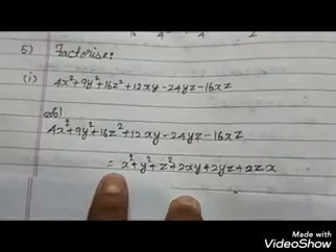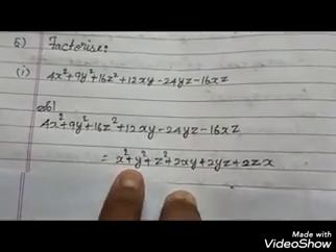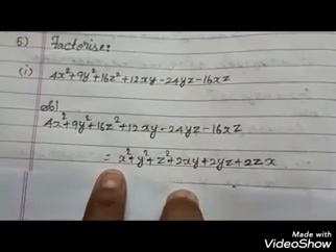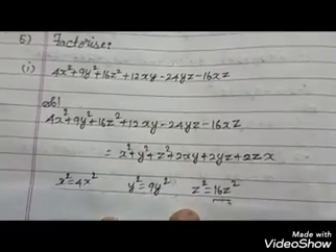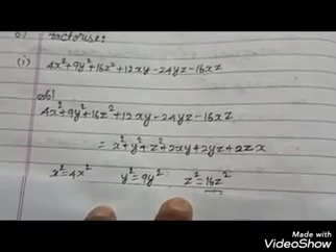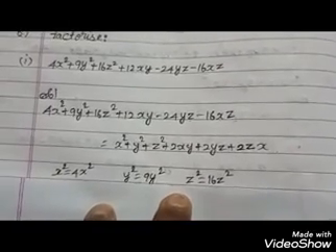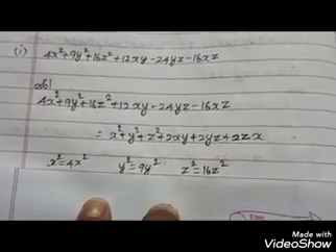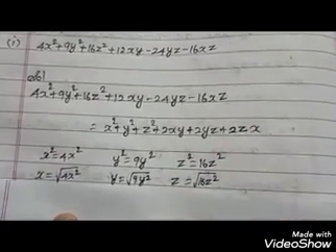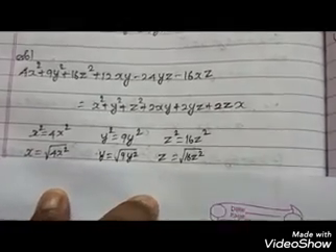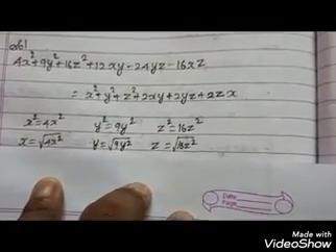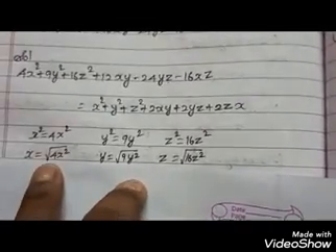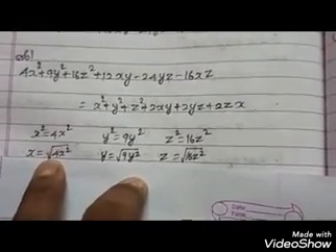So x square, y square, z square: x square equals 4x square, y square equals 9y square, z square equals 16z square. You need to find the values of x, y and z: x equals root of 4x square, y equals root of 9y square, z equals root of 16z square.